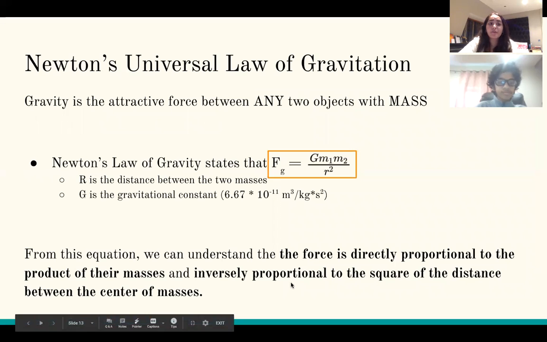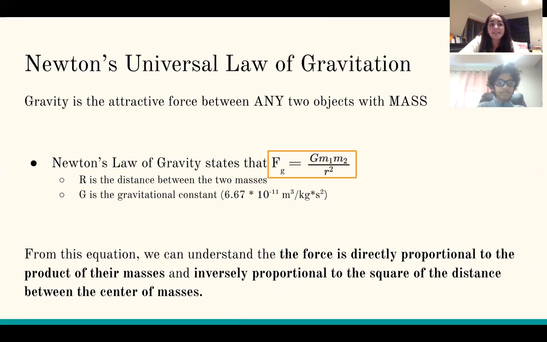So this comes from Newton's universal law of gravitation, which basically says that gravity is the attractive force between any two objects with mass. And you can calculate this force using a formula that you'll be using very often on the AP, which is that the force of gravity is equal to a gravitational constant G times the first mass times the second mass, all divided by the radius, or the distance, r, squared between these two objects.